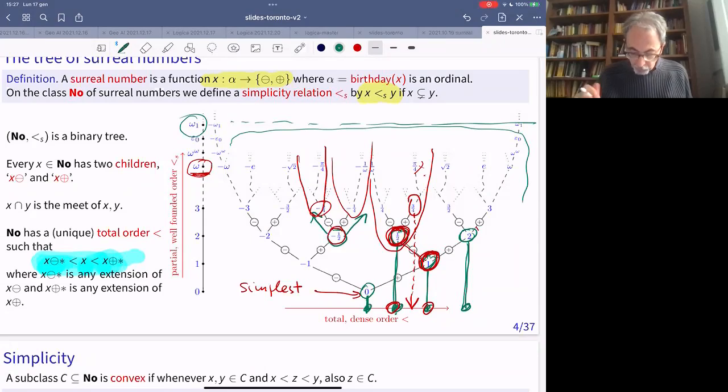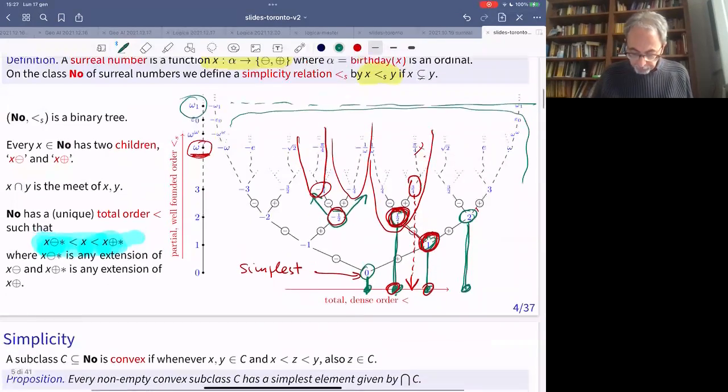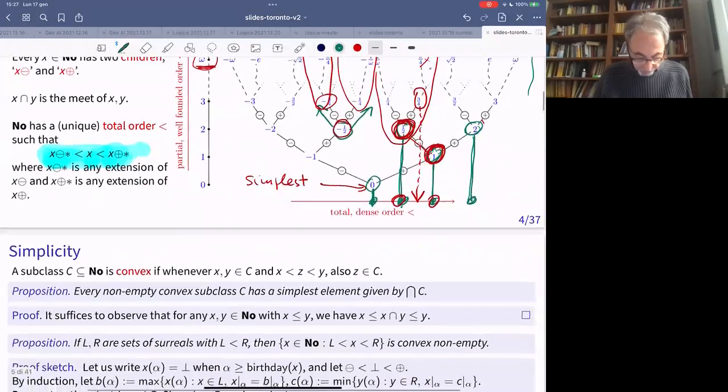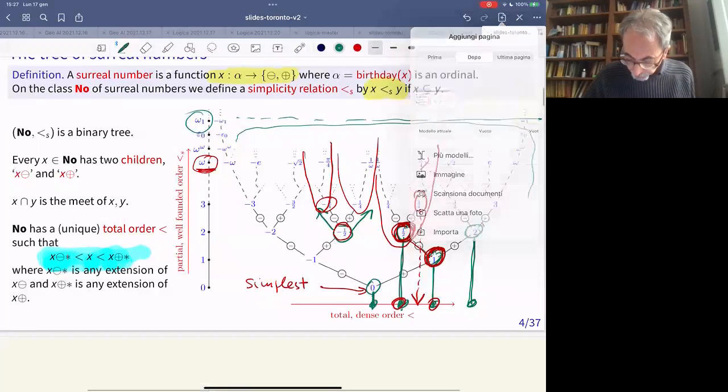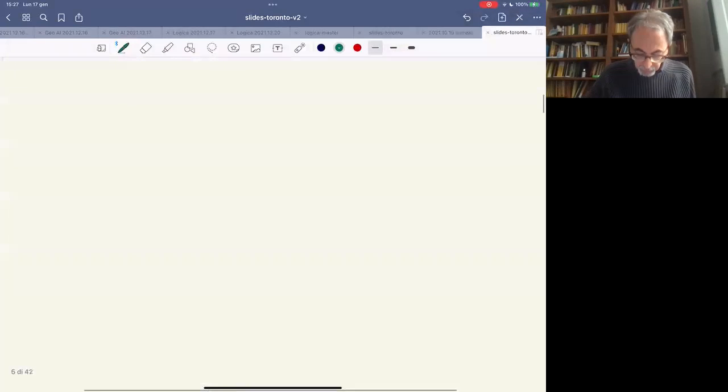Okay, so you have two binary relations. Let me add one page here.